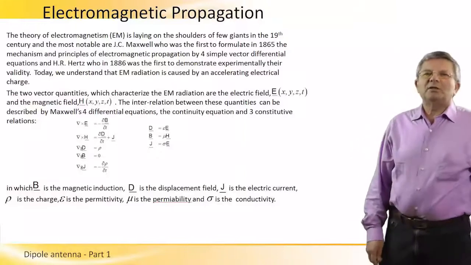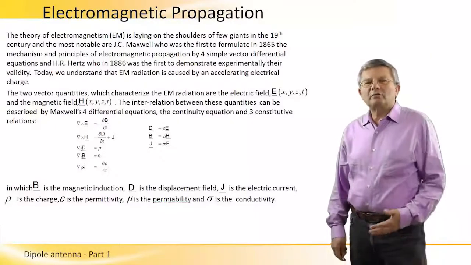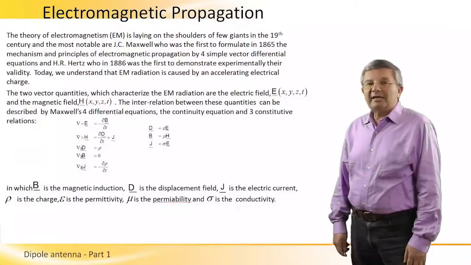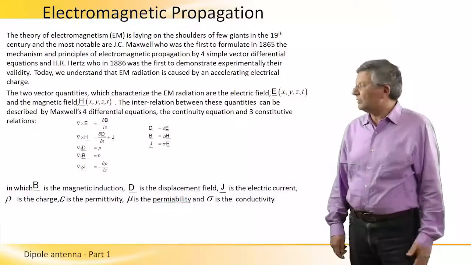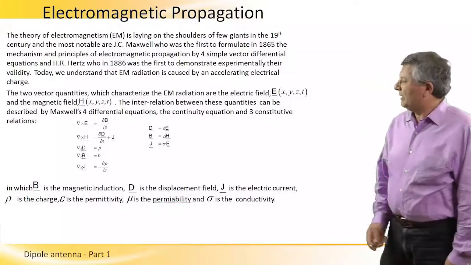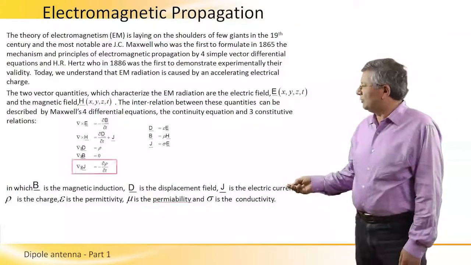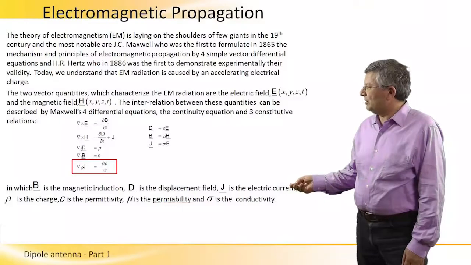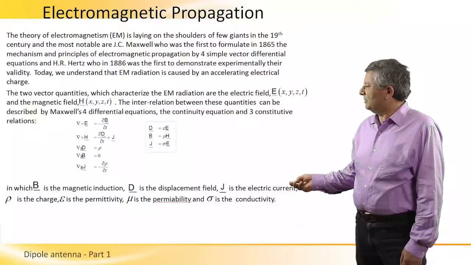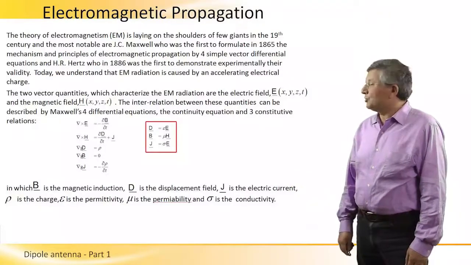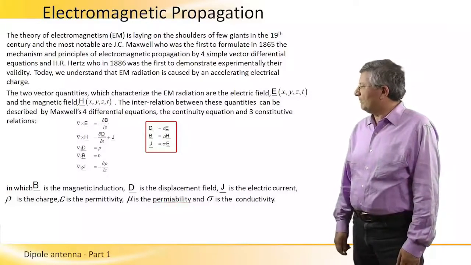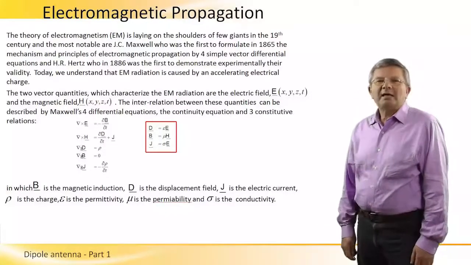Those four equations are not enough to solve for the numerous variables in those equations, and therefore we need some extra equations in order to have a unique solution of the problem. The extra equations are the continuity equation, divergence J equals minus the derivative of the electric charge, and the three constitutive relations, which relate the displacement field to the electric field through epsilon, which is the permittivity.